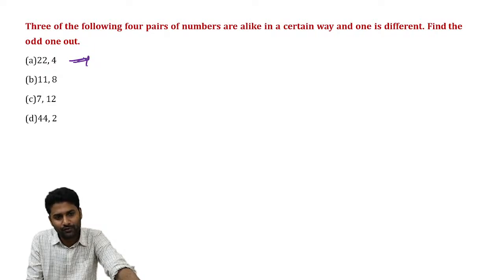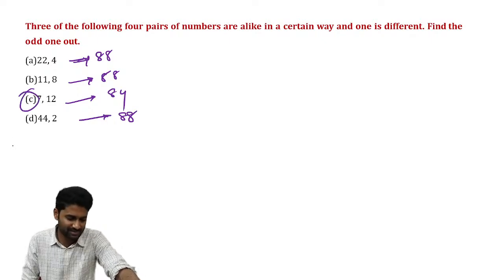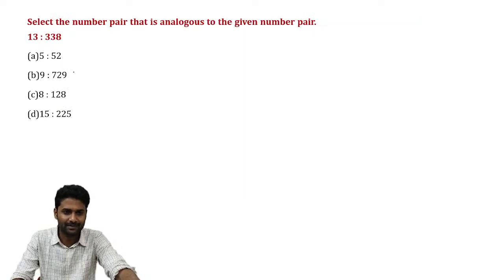See, 22 into 4 is equal to 88. 11 into 8 is 88. 7 into 12 is 84. 44 into 2 is 88. Except this one, the remaining 3 have the same product values. So this is different. That's why 7, 12 is the odd one out.